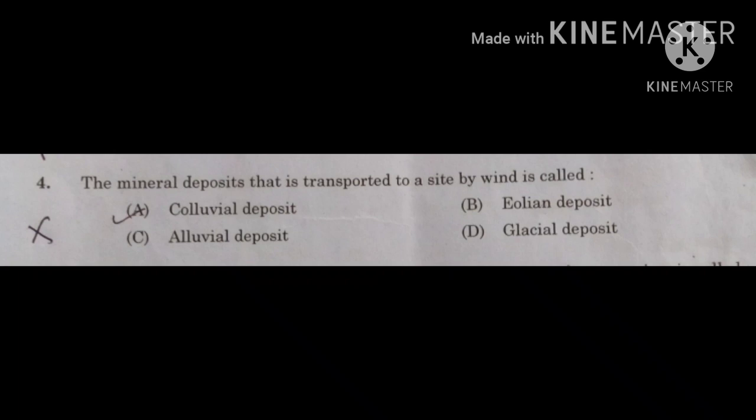So the correct answer is B. Okay, option C is alluvial deposit. These are the sediments which are deposited by the action of a river. Okay, and the final option, glacial deposit: they get deposited by the activity of a moving glacier, that is large ice masses, isn't it? Okay, so for this question the correct option is option B, that is aeolian deposit. And these deposits get deposited by the activity of wind.